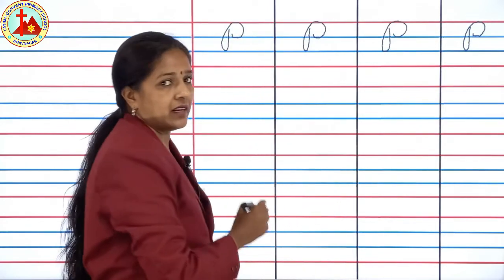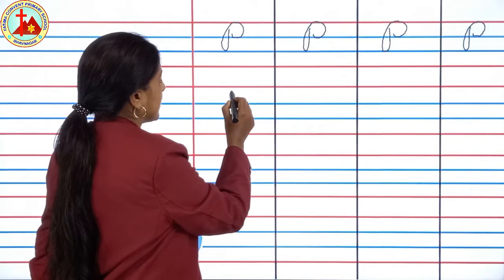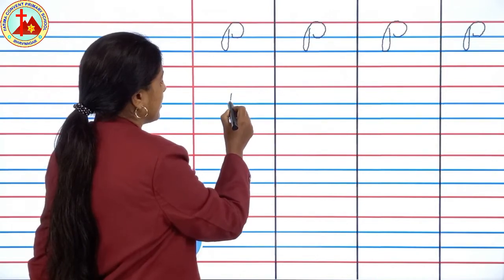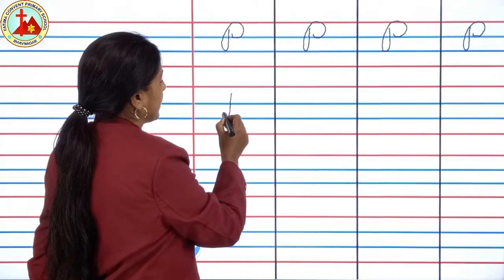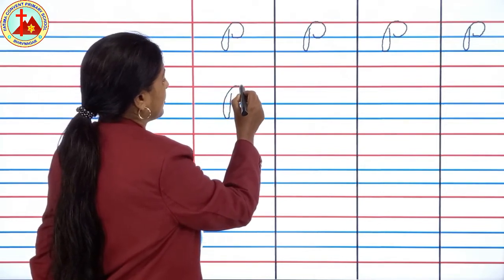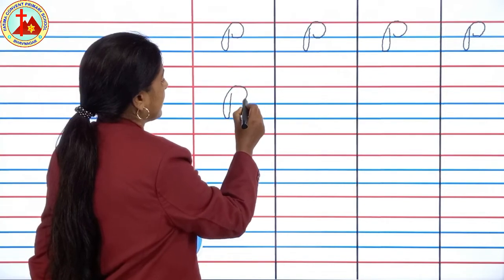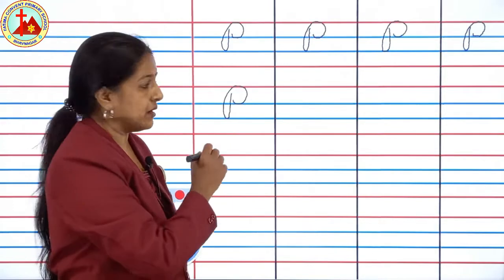Again we'll see, starting from between these two lines, second blue line touch, make a loop out, go up to the red line, curve to the first blue line. Cursive capital P.